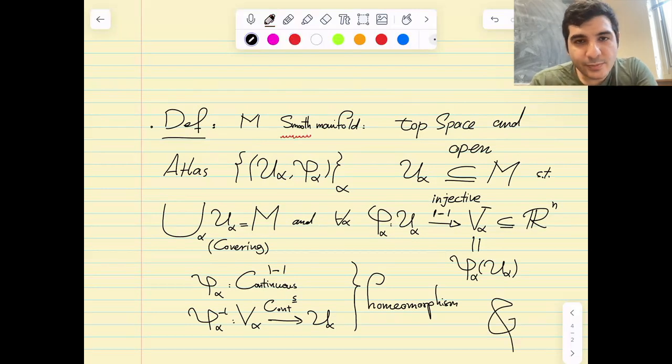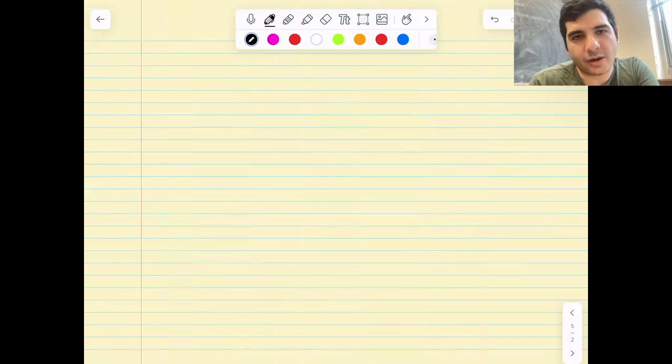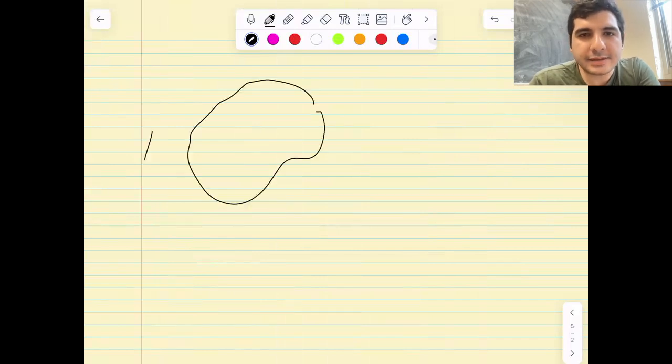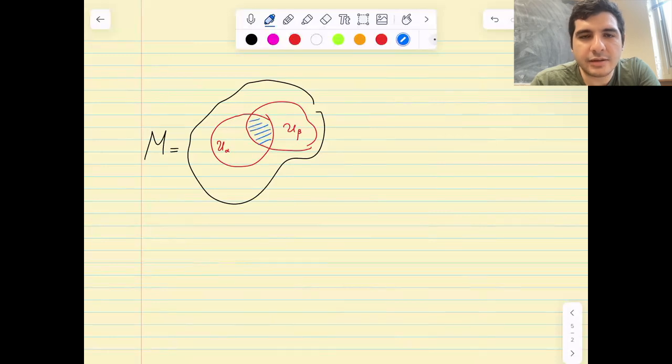What do we mean by smooth? There is an extra property. So let's schematically say this is our manifold M. Let's pick two of these open sets. Let's say this is U alpha. Let's say we have another U beta, say this one. And let's say they have non-trivial intersection. Okay, let's say U alpha intersection U beta is non-empty.